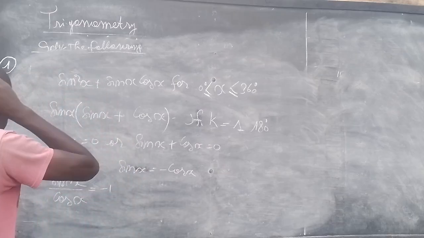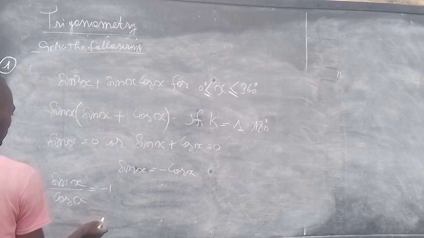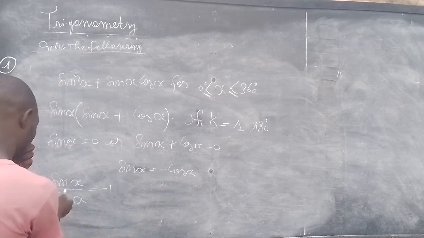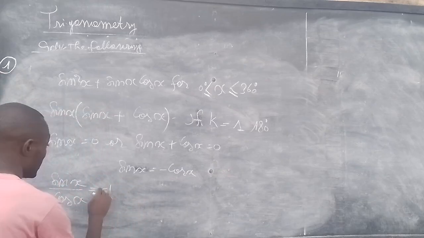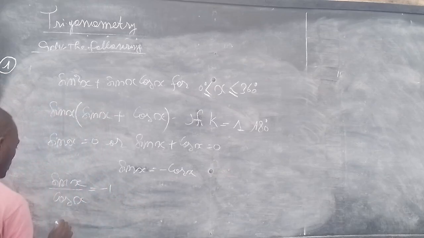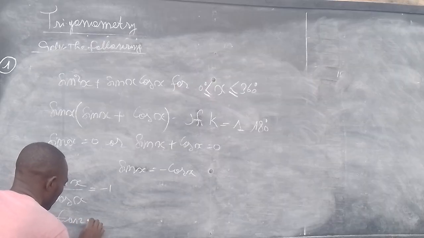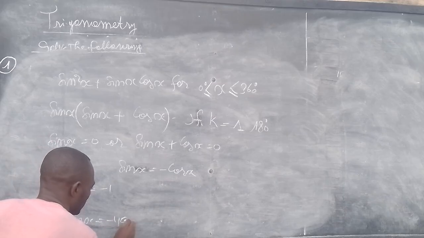So this is tan of negative 45 degrees, which is equal to tan of negative 45 degrees.